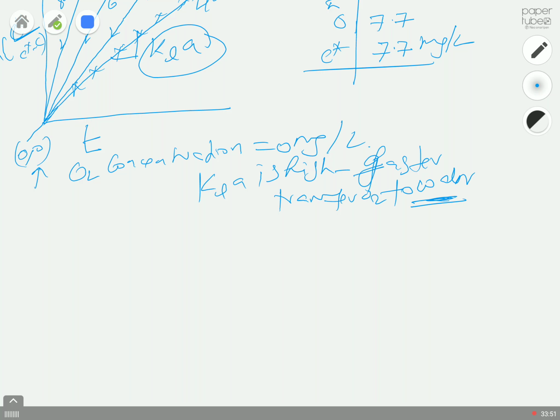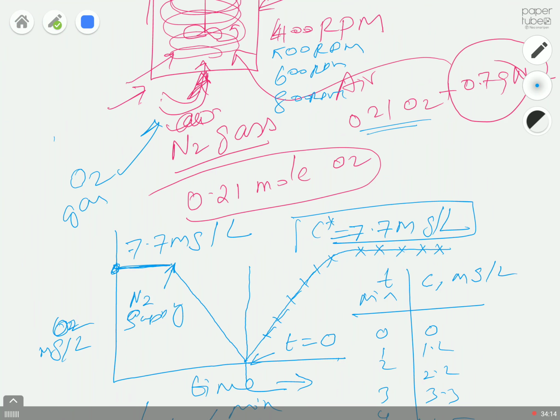This method of determining KLa, using nitrogen gas to make the oxygen concentration in the liquid 0 and then supplying fresh oxygen, we call the static method. Instead of oxygen, you can even supply air. Air itself contains oxygen, so that will also eventually increase the oxygen concentration in the water. I think this is enough for this module.